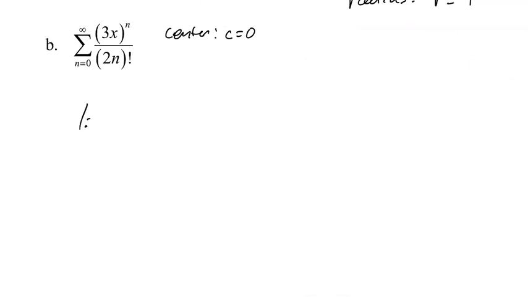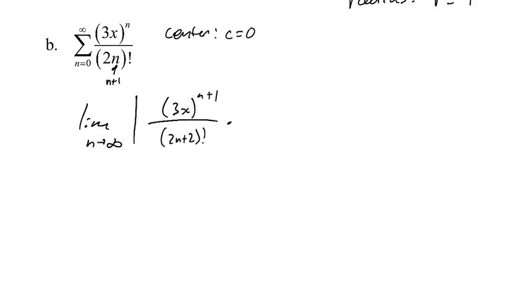So I'm going to go ahead and set up my ratio test. So now check out here. Remember, I'm substituting in n plus 1, so that's going to turn into (2n plus 2) factorial when I distribute the 2 in front.